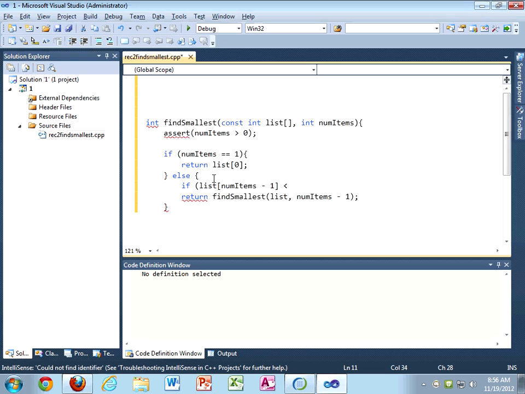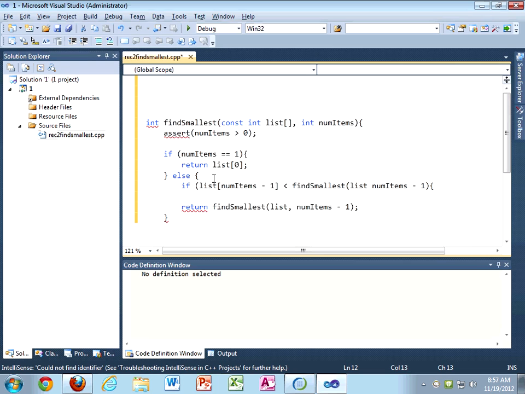If that's less than the smallest item out of all the other items in the list, then return list of num items minus 1. Else... actually it's this, I think.